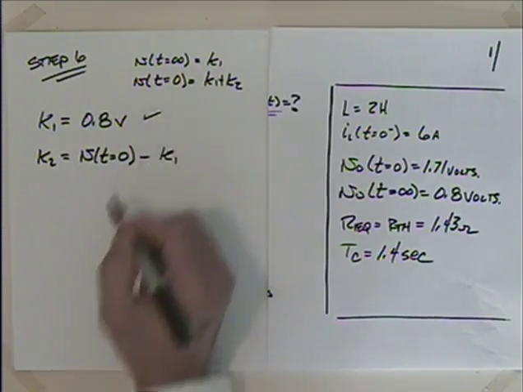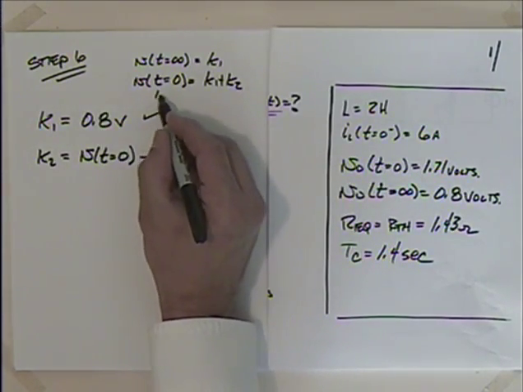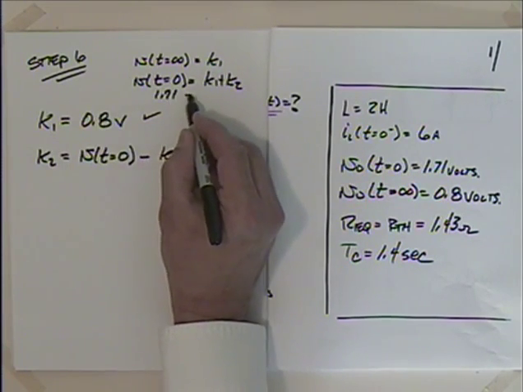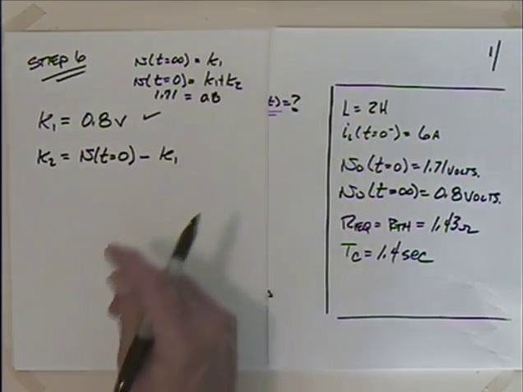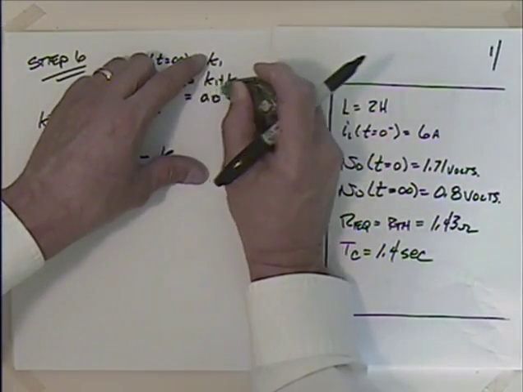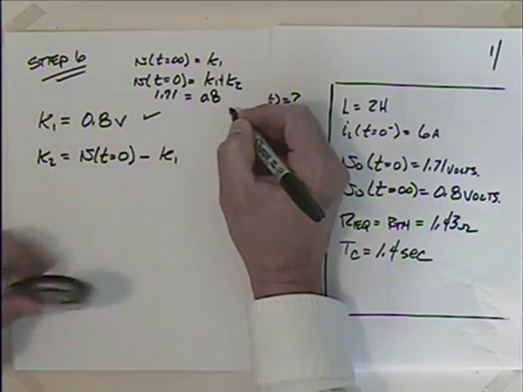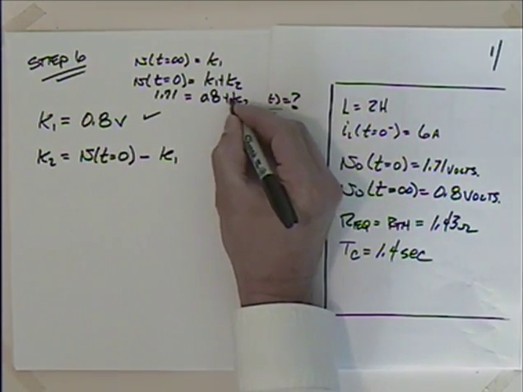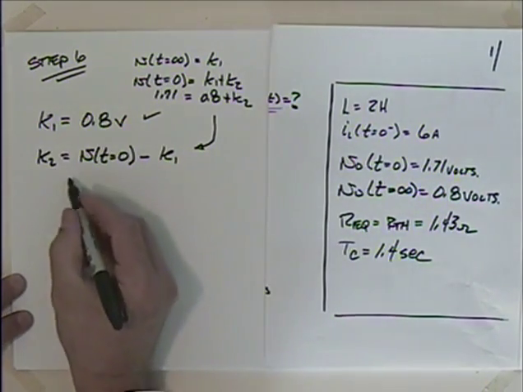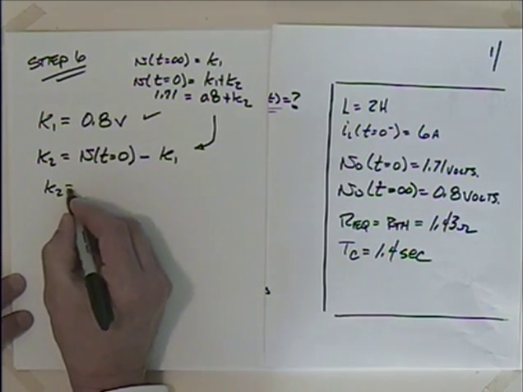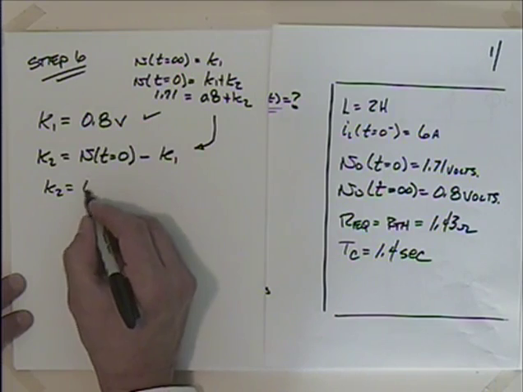So we have this one. That one's done. So then I take this one. We had 1.71, and that's going to be equal to K1 that we had was 0.8. So 0.8 plus K2. So we can say down here that K2 is equal to this 0.8.